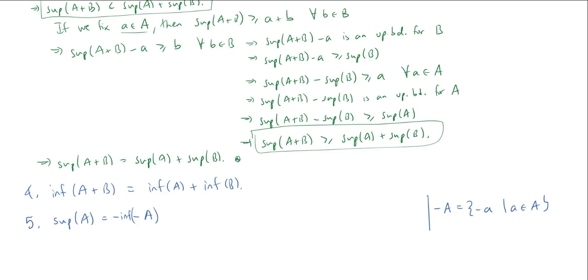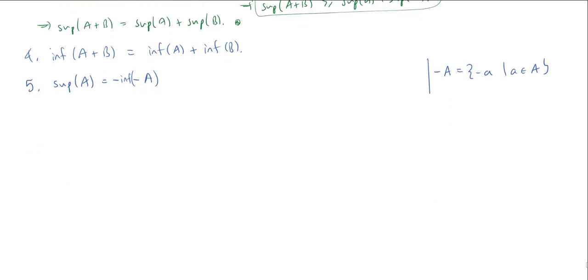So let's give a proof of that a try. Again, let's start with some a in A. I know that, of course, a is bounded by the supremum of A. But if I negate everything, that will reverse the inequality.